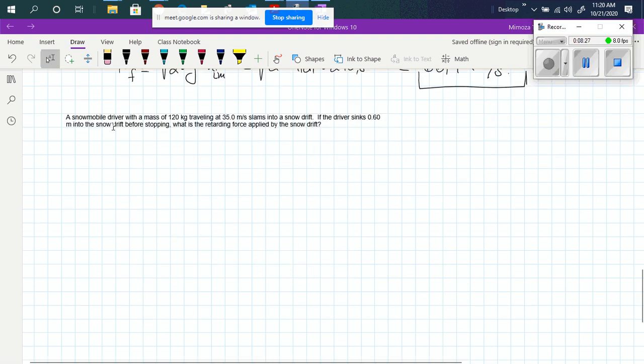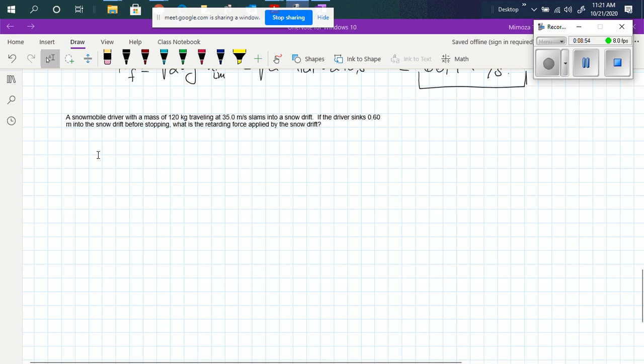Okay. So now we have a snowmobile driver with a mass of 120 kilograms traveling at 35 meters per second who slumps into a snowdrift. If the driver sinks 0.60 meters into the snowdrift before stopping, what is the force applied by the snowdrift?